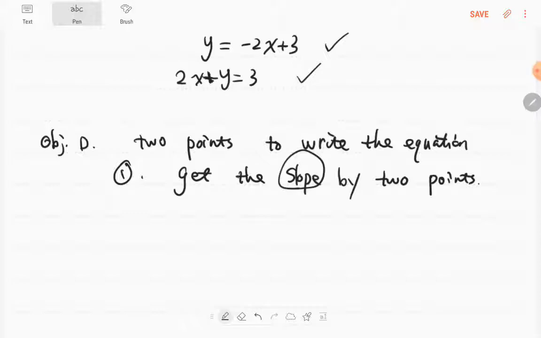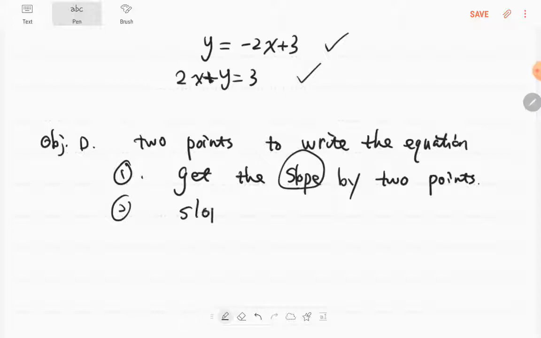Slope is the first step. Then we will use one of the 2 points and the slope with the point-slope form to have our equation. Let's check an example to help us understand.